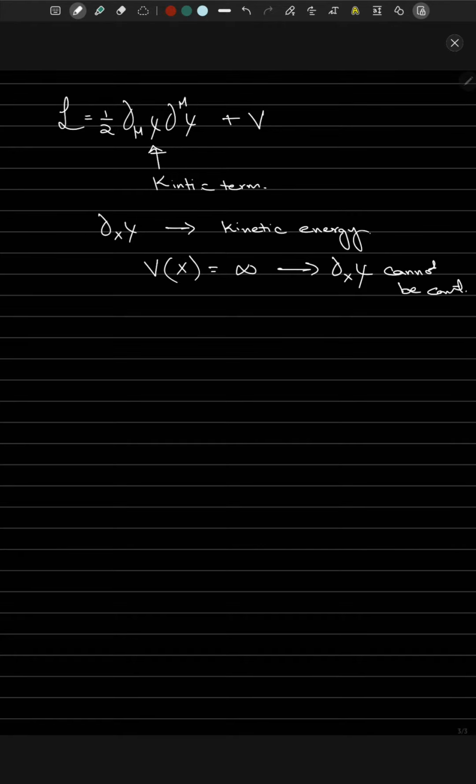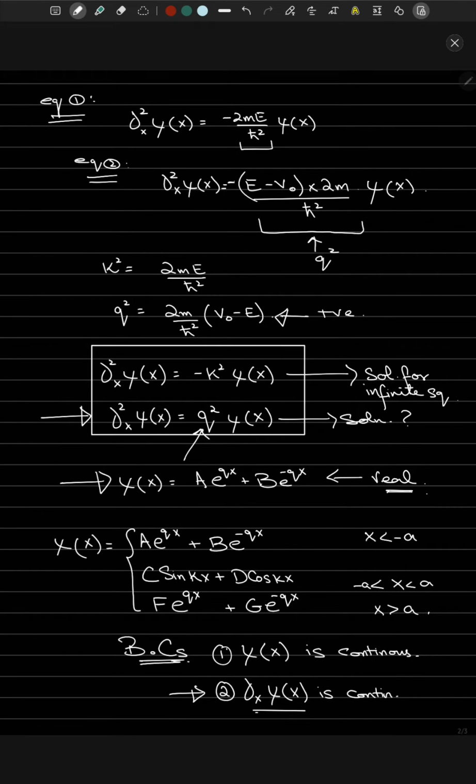The reason is simply that if this thing were to be continuous, then your kinetic energy would be approaching infinity, and that cannot happen. So this is the reason that this second boundary condition is only true for the case of a finite square well.